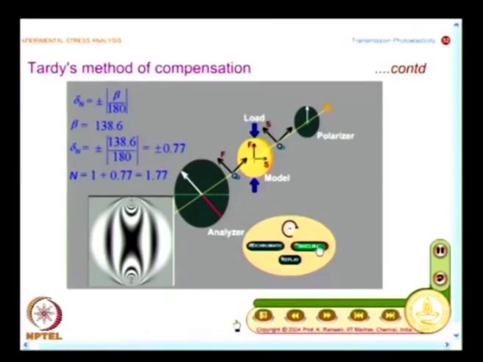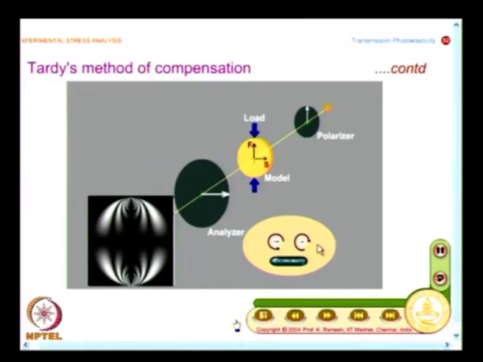The first step what I need to do is, I need to find out the isoclinic. So, I find out the isoclinic in a plane polariscope, even though while starting the discussion I said, because it is at the point of symmetry, the axis coincide with the principal stress direction, the reference axes themselves are principal stress directions.